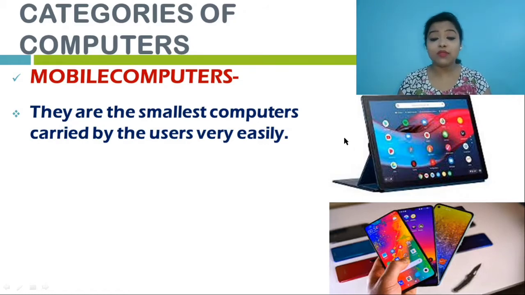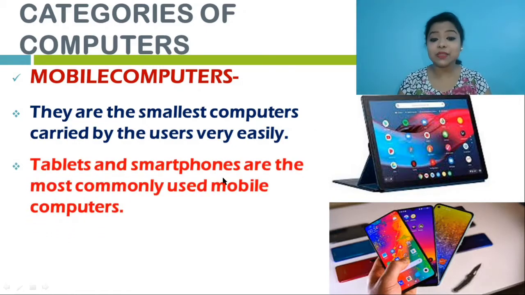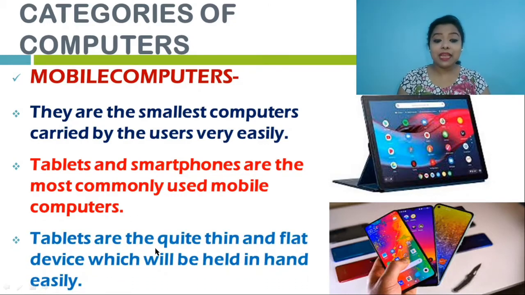The tablets we are using also belong to this one, mobile computer. So tablets and smartphones are the most commonly used mobile computers. Already you are using this, I am using this, and worldwide maximum people are using this mobile computer. Okay, tablets are quite thin and flat devices which can be held in hand easily.